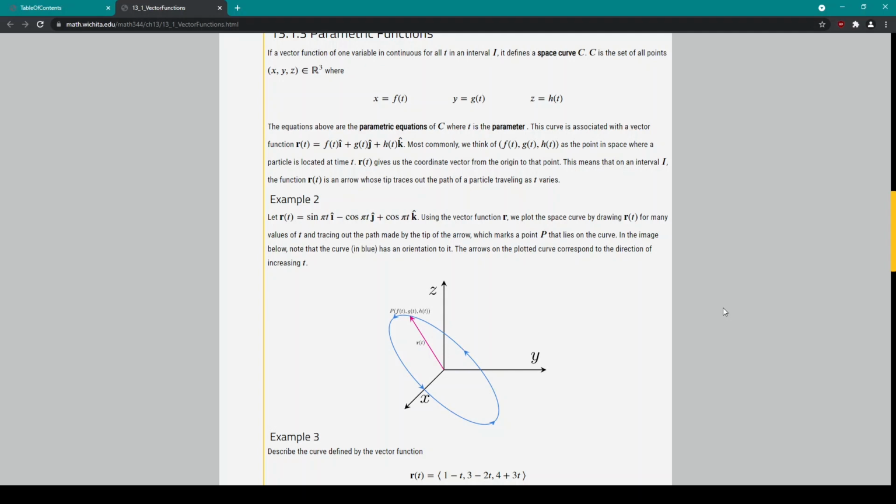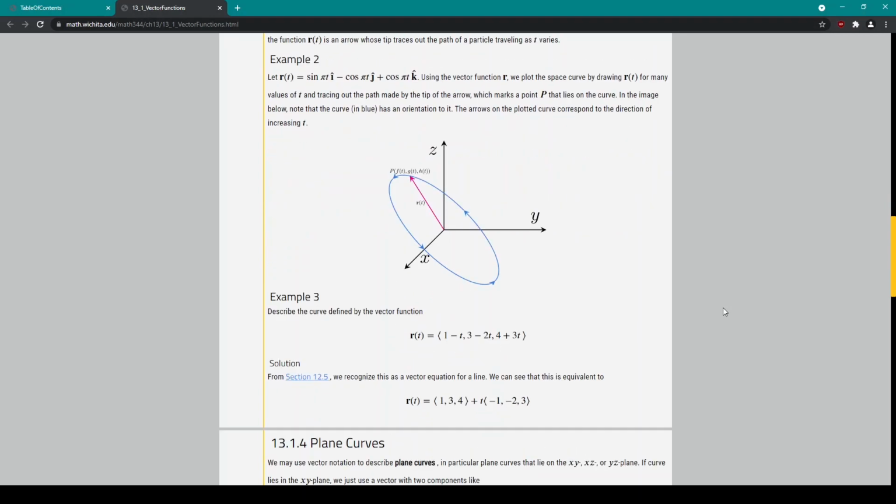All right. The real test here, of course, is to do some examples with these and get an idea of what these all look like, right?